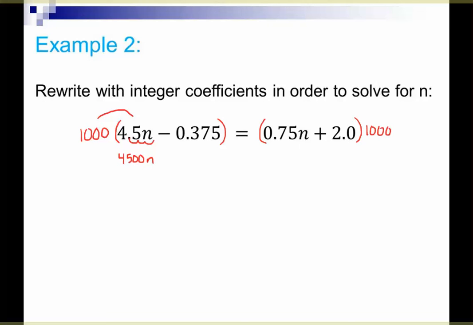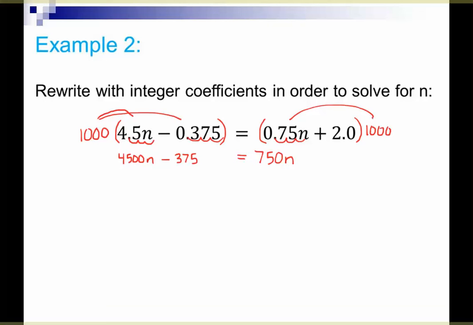Okay. When I distribute the 1,000 to the negative 0.375, 1, 2, 3, that guy just becomes minus 375. Over on the right-hand side, when we multiply 0.75 times 1,000, remember that's going to move 3 places, I end up with 750n.